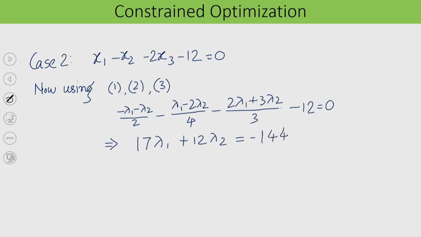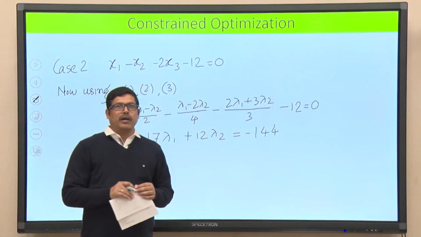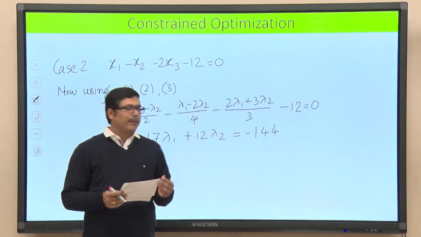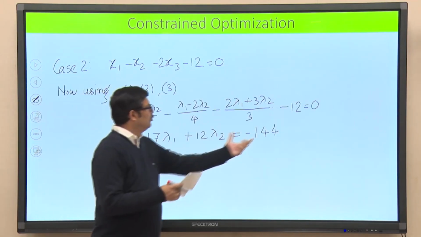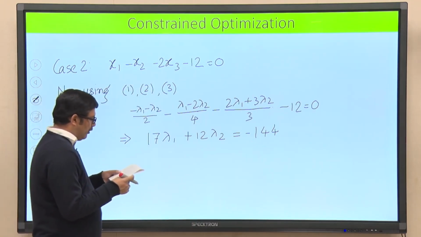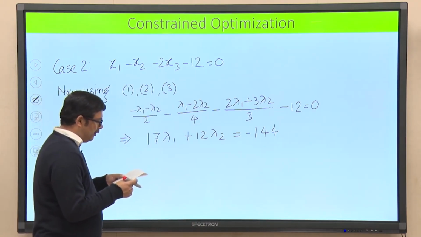144. Now, if I see this equation, 17 lambda 1 plus 12 lambda 2 is equal to 144. Therefore, lambda 1 and lambda 2 cannot be positive, because the value should be equal to 144. So, this is not possible.